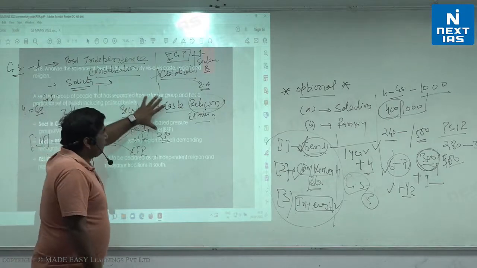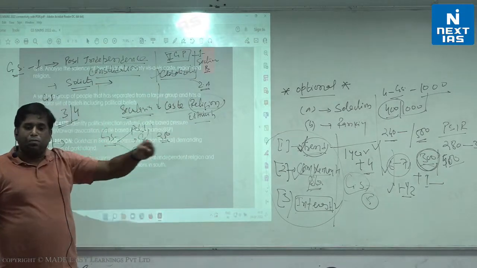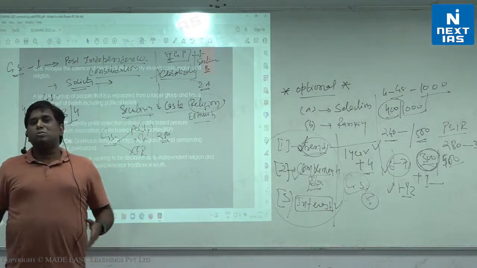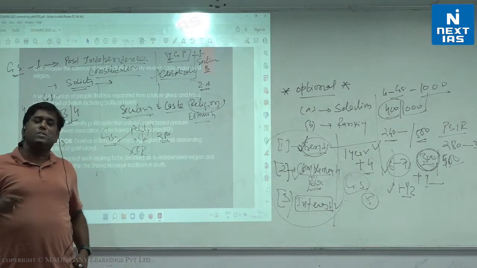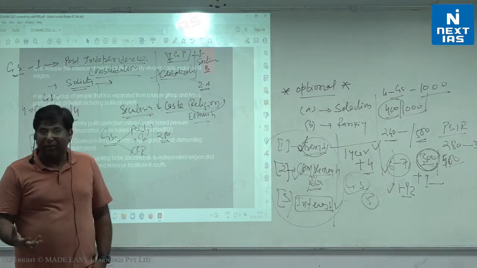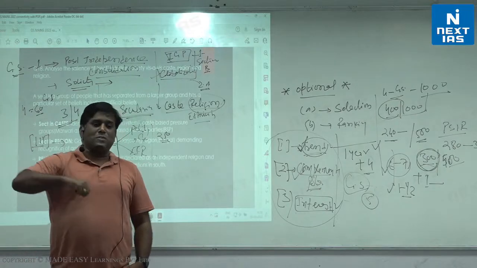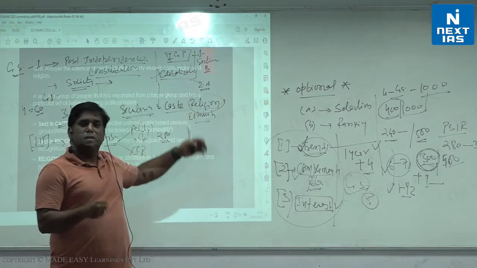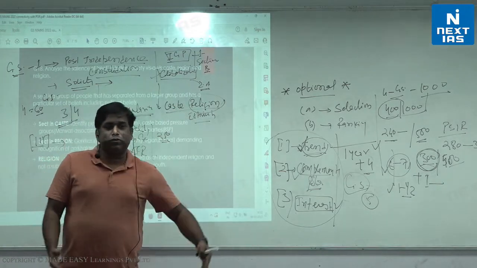Now, apart from the border and illegal migration, we also study internal security situations, like the rise of Naxalism in India. In the Indian government and politics section, when we talk about left politics, IGP ka part hai, we discuss why there was a rise of Naxalism.